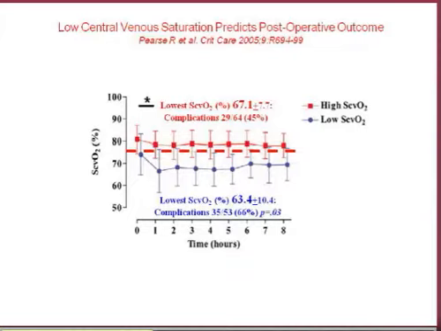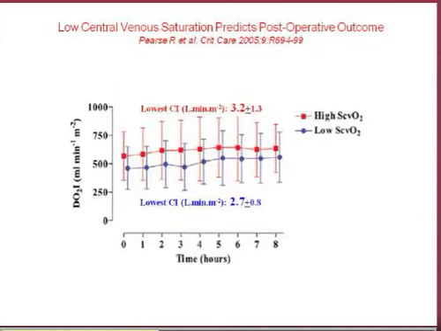Others are not able to keep this SvO2 constant, and the SvO2 decreases below 70%. In those who had the constant SvO2, the lowest SvO2 was much higher than in the other group, and the number of complications postoperatively was also smaller. And what was behind that? Behind that was the fact that the oxygen delivery was more or less adapted to the oxygen uptake.